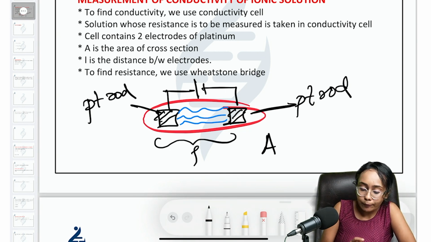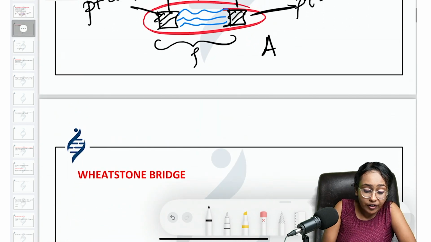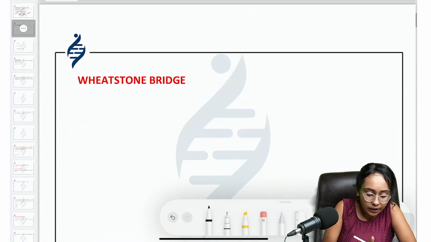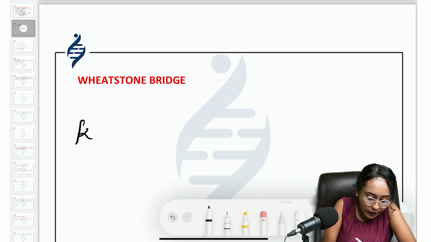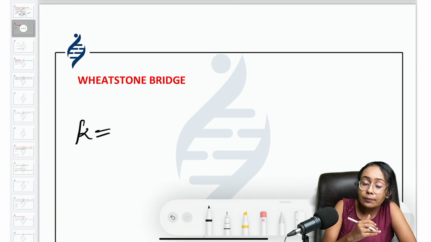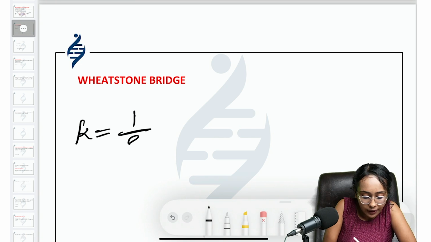To find the conductivity, you need to know the equation of conductivity first. Conductivity K equals the reciprocal of resistivity, 1 by rho.